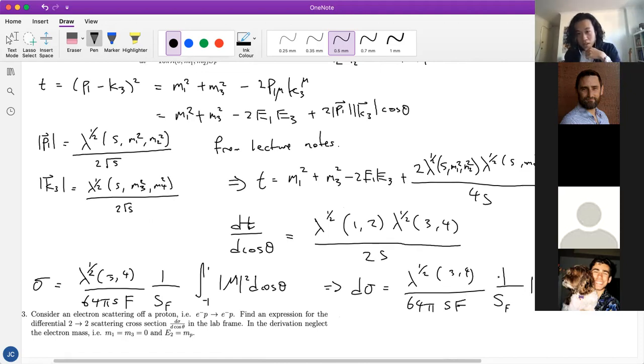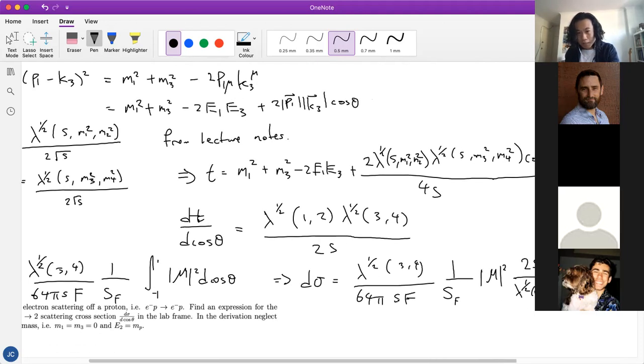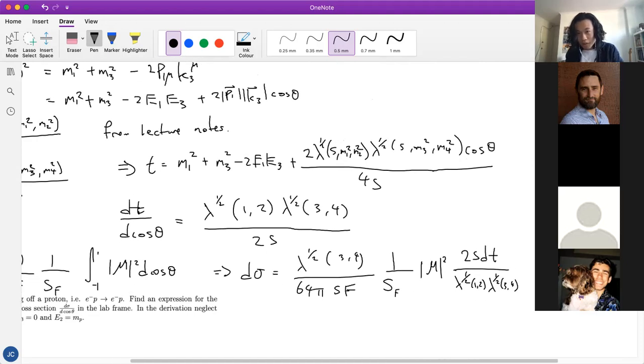The lambda 3, 4 here can cancel off with this lambda 3, 4. And then you get rid of a factor of 2 here. And then we're also going to sub in the explicit form of this f. From the lectures, f is equal to half of lambda 1, 2. So subbing everything in, this d sigma turns into M squared over 16 pi lambda 1, 2.